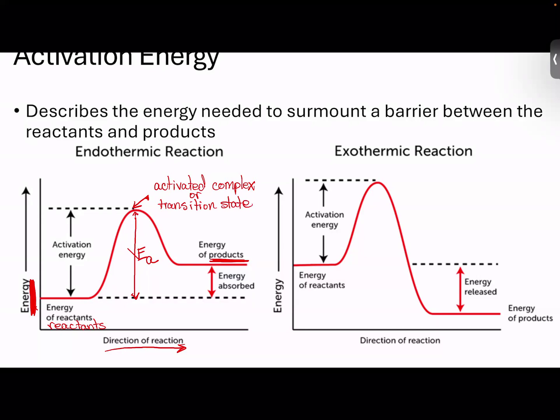Because at the top of that curve, basically the reactants will have done what they need to in order to slide down the other side to get to the products.